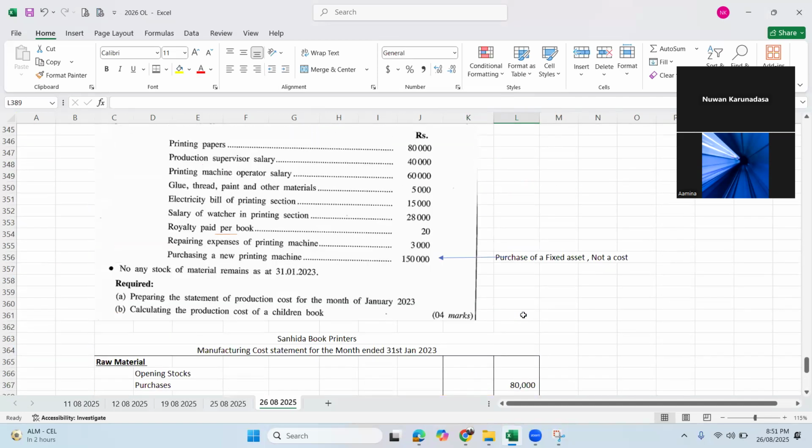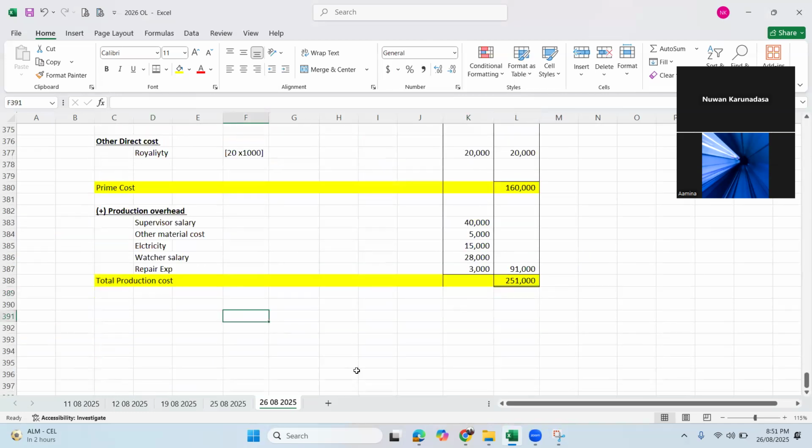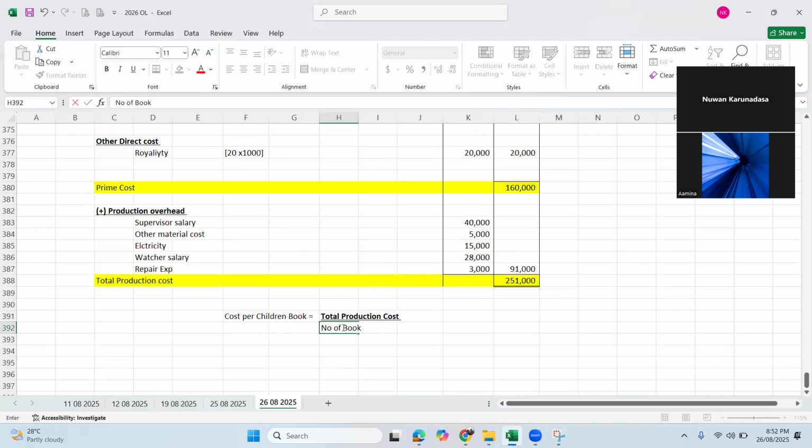Then cost per children book you have to calculate. Cost per children book equals total production cost divided by number of books produced.